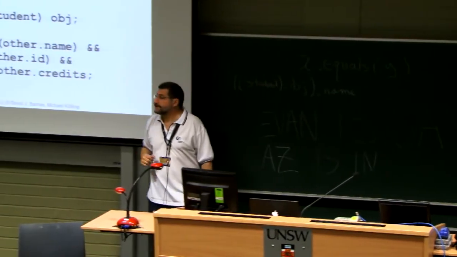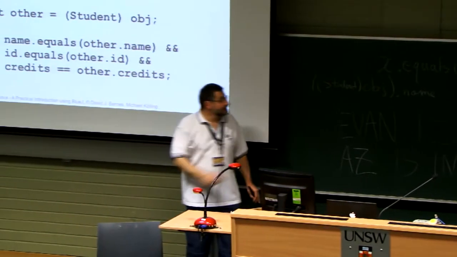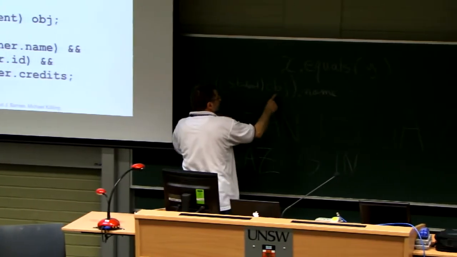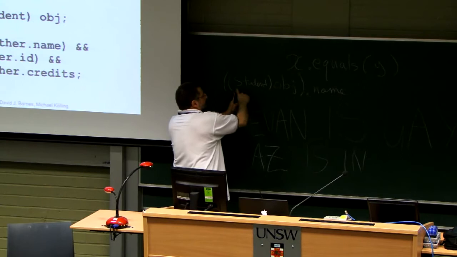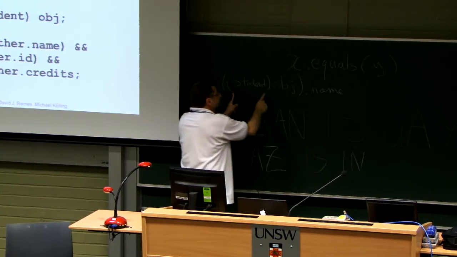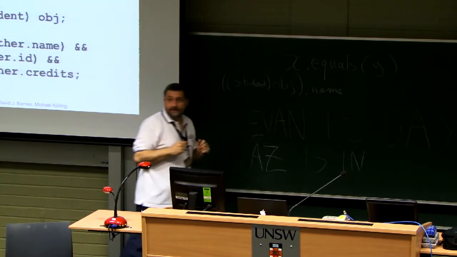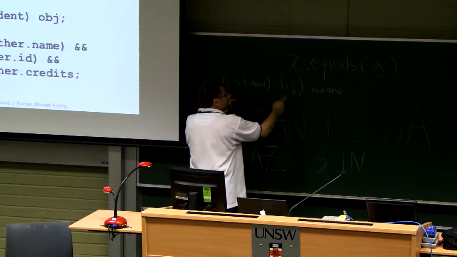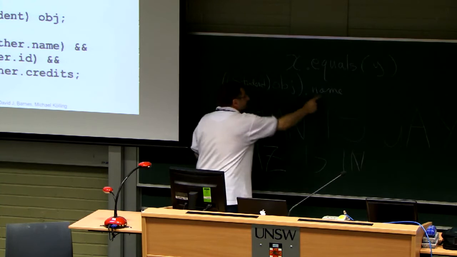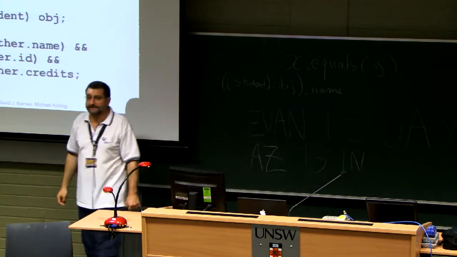Only Student type objects have the name, ID and credits fields. So you have to take obj, and remember that if you put a class name in parentheses in front of the object, then Java will try at runtime to cast that into a Student type of object, and then you can access its name and the other fields in there.